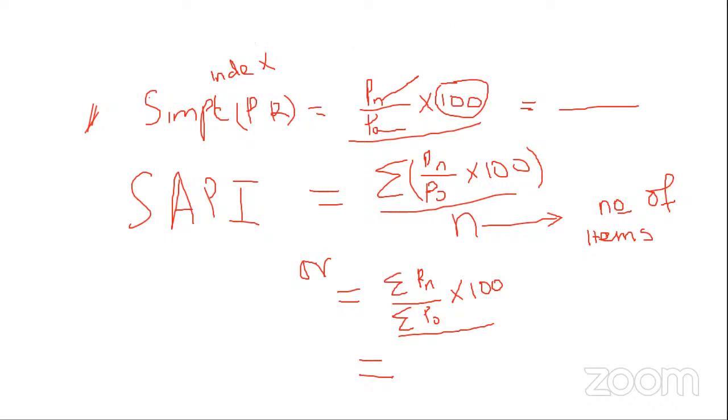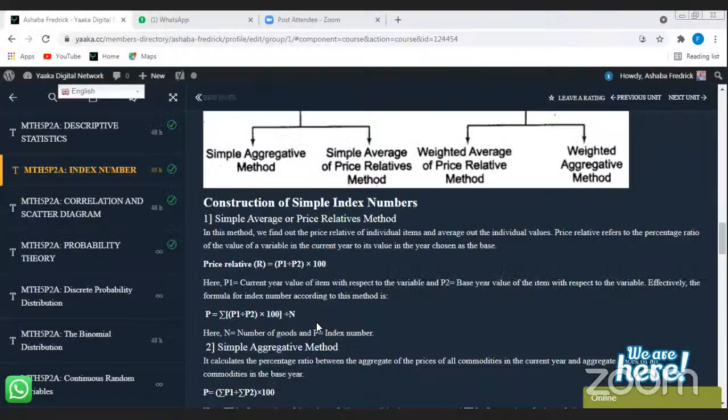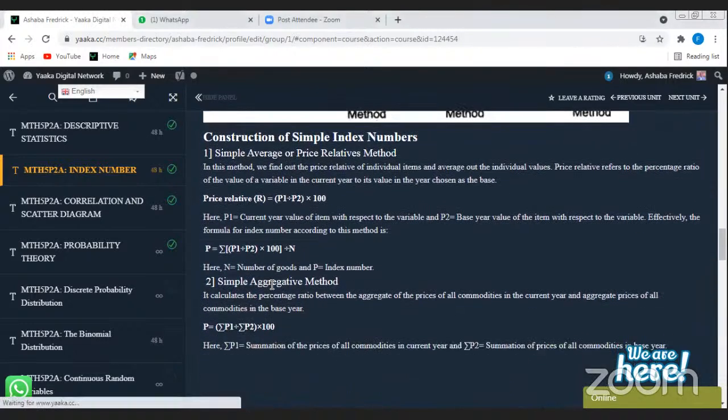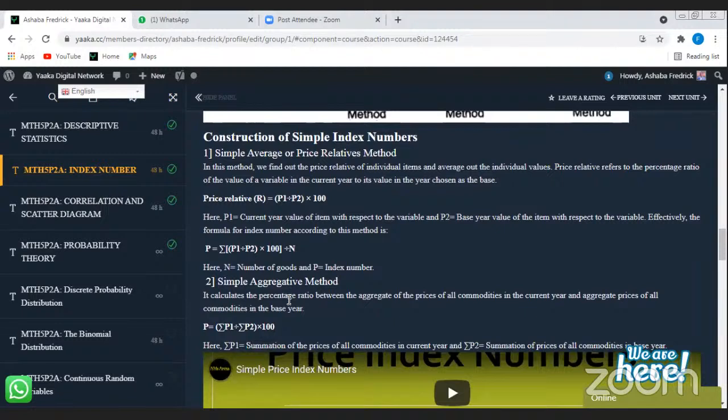So let us go back to our notes. So this is what I was explaining. Even this simple aggregative method was what I also explained there.